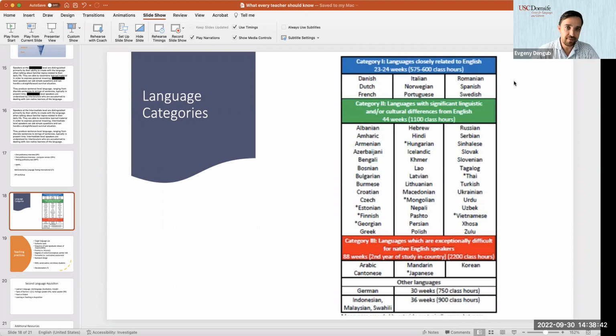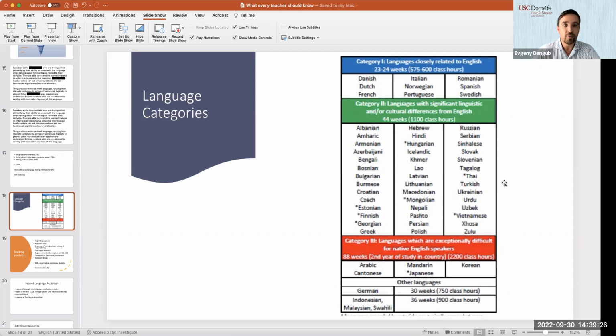It comes from FSI, the Foreign Service Institute, that at some point declared that all languages can be categorized by difficulty, and the difficulty depends on how many hours it takes to reach advanced level of proficiency. So they put Arabic as category 3, Latvian as category 2, and Italian as category 1 for English speakers.